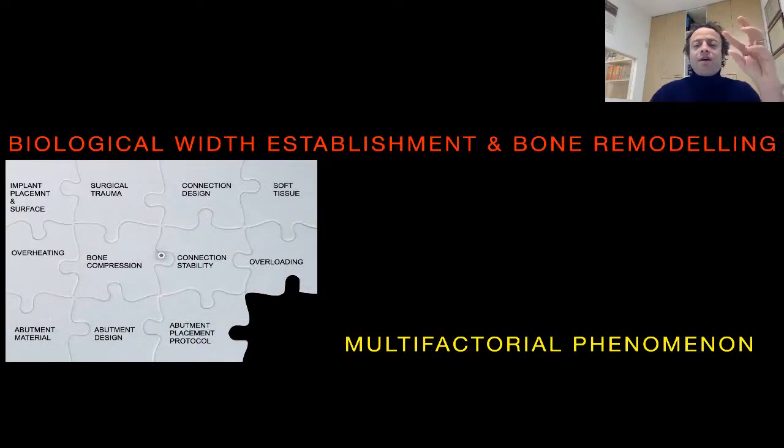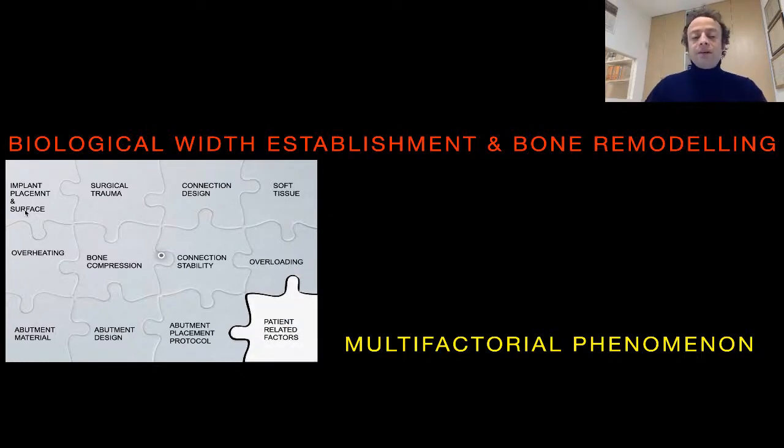The biological width establishment and the bone remodeling is a topic that for me nowadays is really crucial. It's really important to understand how to preserve the bone around our implant. And we know that the biological width establishment around our implant is something multifactorial. It depends on many aspects, many parameters like soft tissue, connection design, surgical trauma, overheating, bone compression, connection stability, implant abutment surfaces.